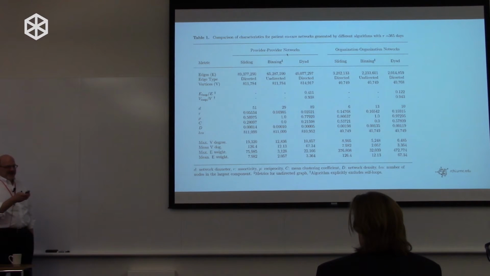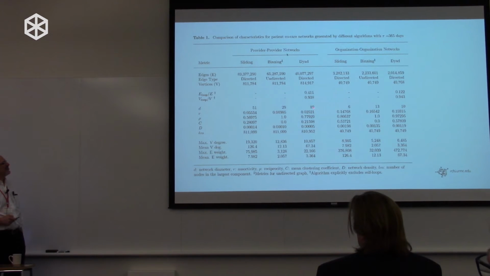We then constructed both provider-provider and organization-organization networks and compared some graph properties. The graph diameters were computed on a PGX platform. The graph diameters for the methods differed quite a bit. The diameters for the binning method, which creates complete graphs, were the shortest.